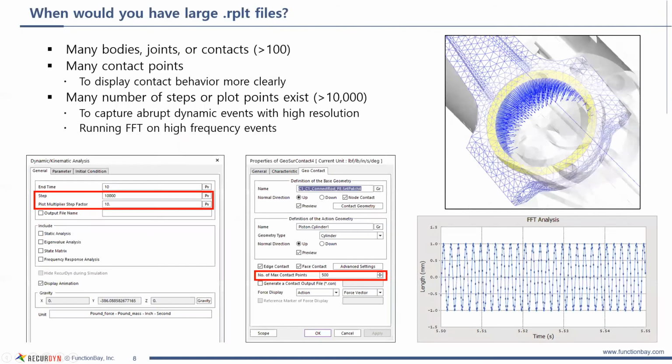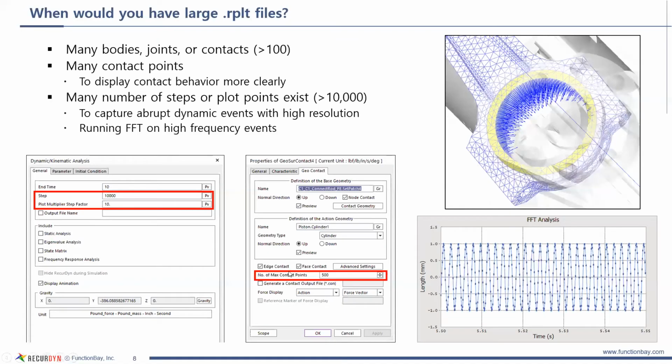All right, so as far as handling large RPLT files, the question can be asked, when would you have large RPLT files? That occurs when you have very large models with many bodies, joints, or contacts, for example, greater than 100 of any of those entities. It can also occur if you have a contact where you've specified many contact points to be reported.